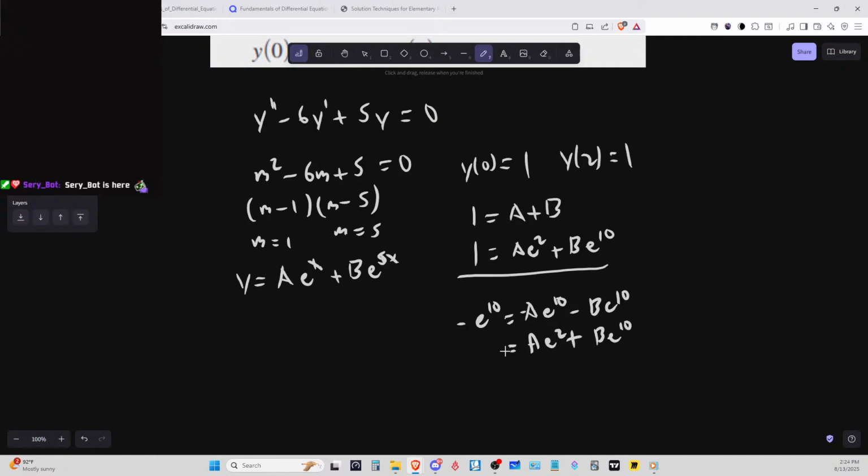Are you trying to teach yourself differential equations, Deku Spoon? I see.